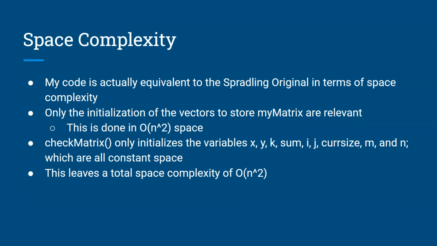The check matrix function only initializes the variables x, y, k, sum, i, j, cur, size, m, and n, which are all constant space, so they can be disregarded to some degree, which leaves us with a total space complexity of big O of n squared, which again is equivalent.